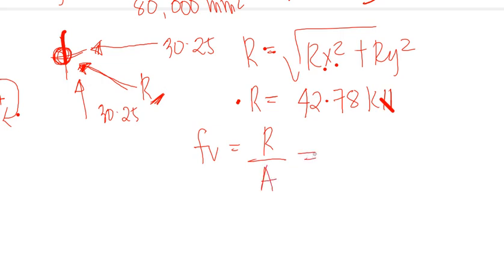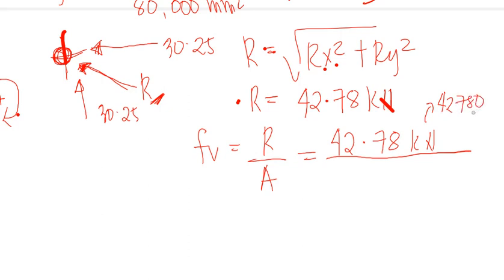So, yung load natin is yung load due to moment alone, which is 42.78 kilonewton, or you can convert that as Newton. That is, pag ginawa yung Newton, that is 42,780 Newton. Over the area, which is pi over 4 times 22 squared. So, area nung isang bolt ito.